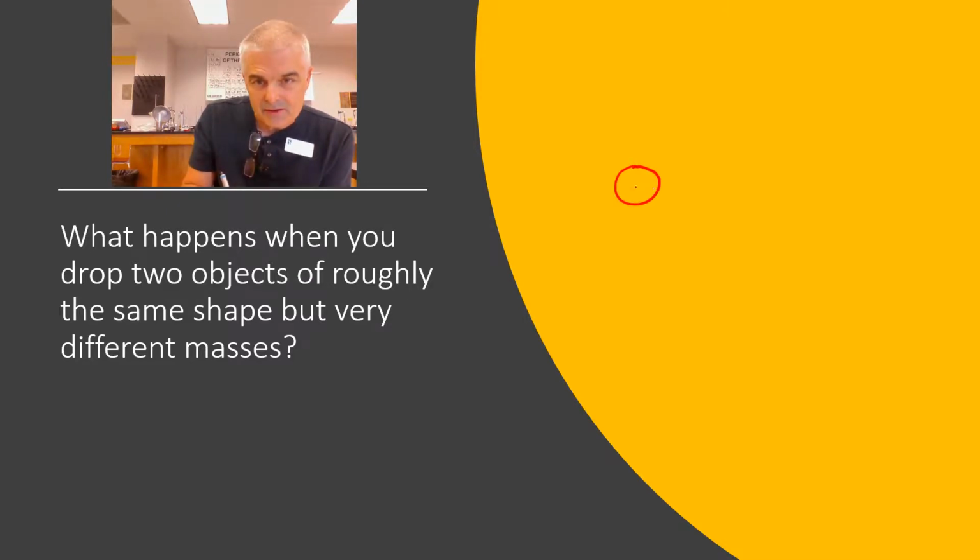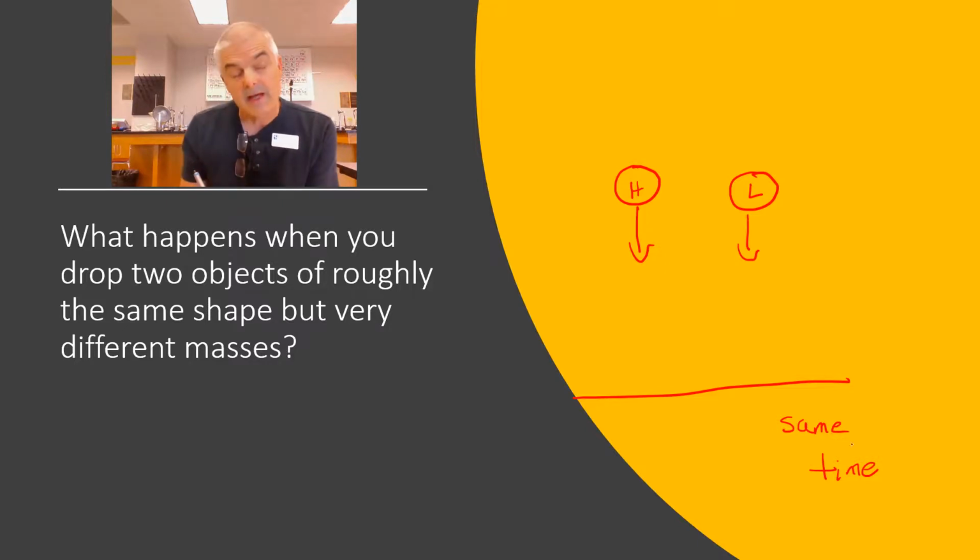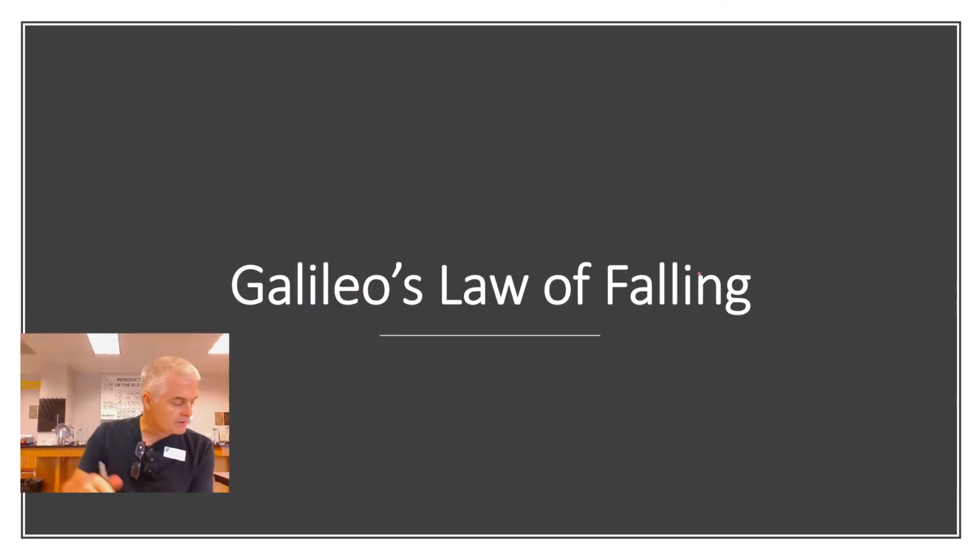If I have a sphere here that's heavy and a sphere here that's light, and we drop them, the crazy thing is, and we've seen this in class, they land at the same time. So what Aristotle had said is that how fast something falls depends on its weight or its mass. And what this experiment shows is that it doesn't always work. So that's an interesting thing that was discovered.